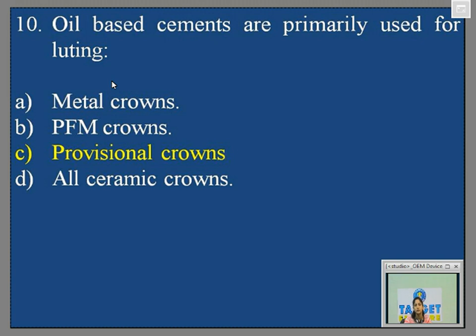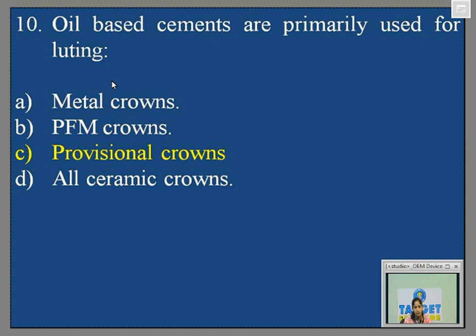What are water-based cements? You can use GIC, you can use zinc phosphate. Then you have resin-based cements, that is resin cement itself, self-cure or light cure. You can use resin modified GICs, you can use compomers. So for metal crowns and your PFM crowns, you use water-based cements, that is your GIC or zinc phosphate.